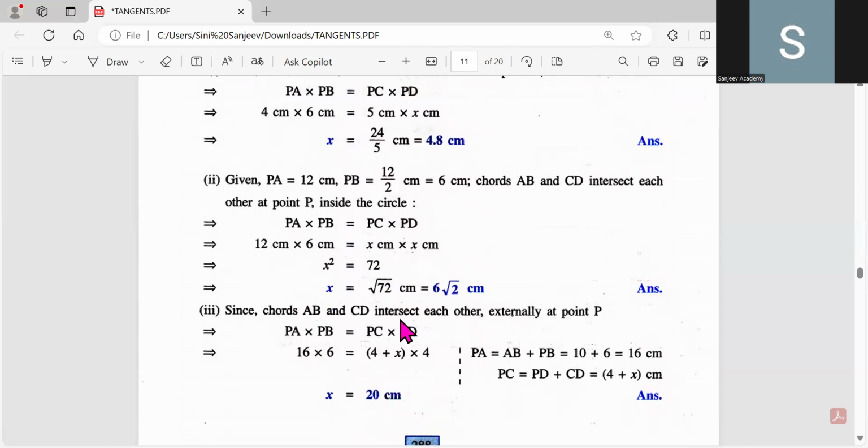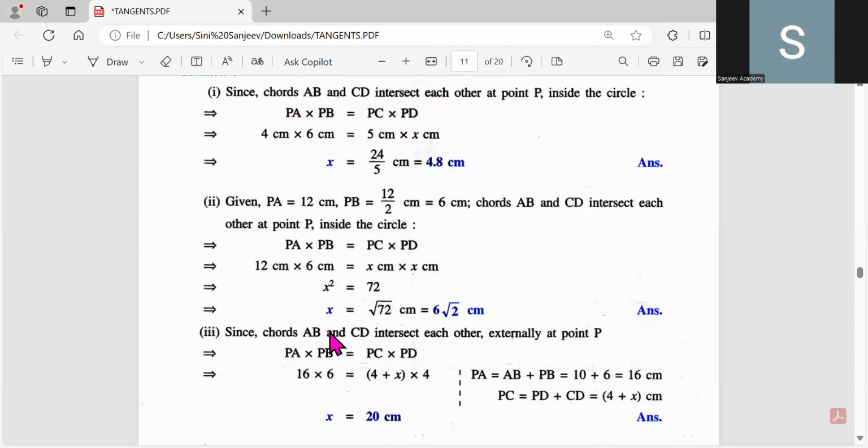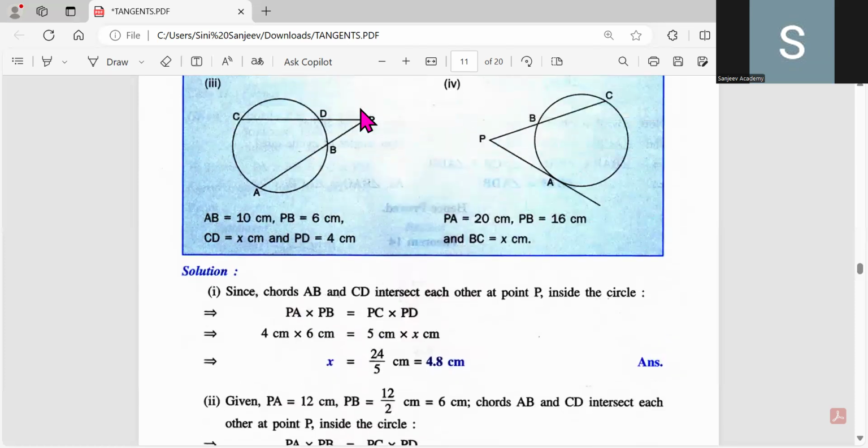So the third question I'll just show you. PA into PB is equal to PC into PD. Same formula only. PA into PB is equal to PD into PC. So my PC is nothing but PD plus CD. And what is BA? Given 10.